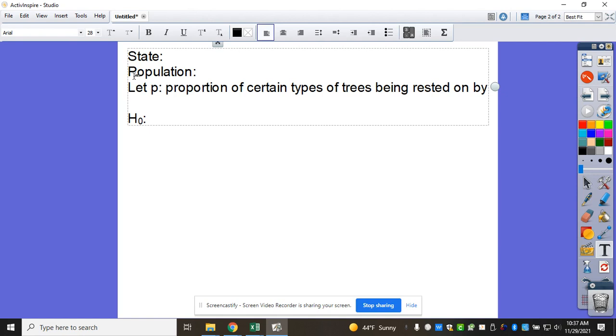And was it all birds? So what is our null hypothesis? And I would kind of need to do a key here because it wouldn't really make sense without one.